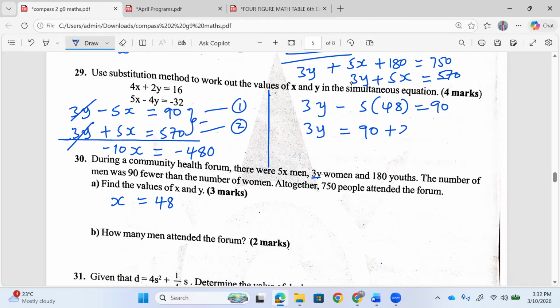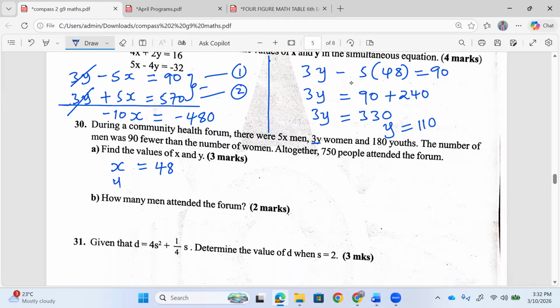So when we take it to the right, it becomes positive. 3Y equals 90 plus 240, giving us 330. So the value of Y now shall be, you divide through by 3. This becomes 110. So the value of Y is 110. The value of X is 48.